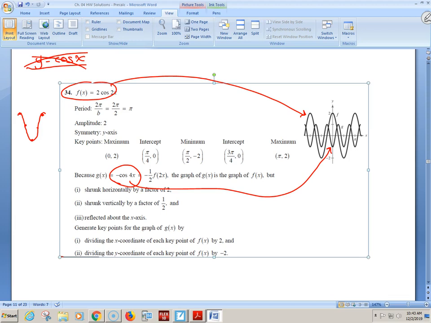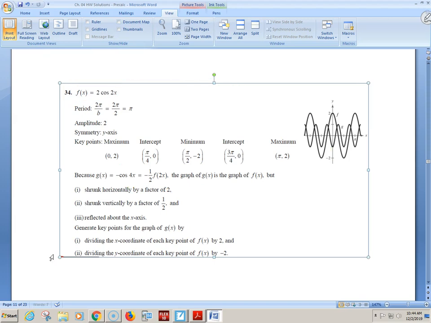And his period is twice as short, or 2 cycles of this guy will be in 1 cycle of that. You can tell a few of those things from the graph: this guy has 2 cycles, whereas this one just has 1. Different ways of putting it. They made it all super official and wrote it all out, but you don't necessarily have to put it exactly the way they did.